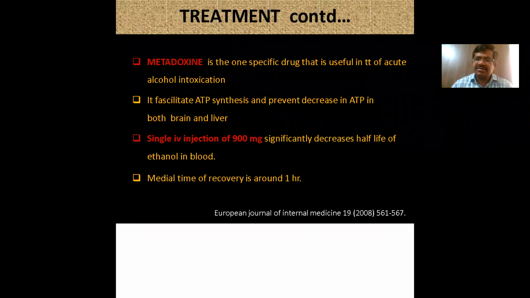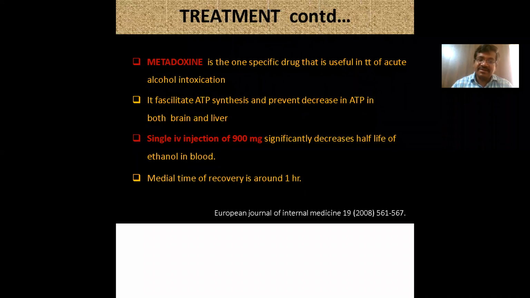So the first thing we have to do is provide energy to these tissues, and metadoxine will do that. It facilitates ATP synthesis and also prevents the decrease in ATP both in brain and liver.